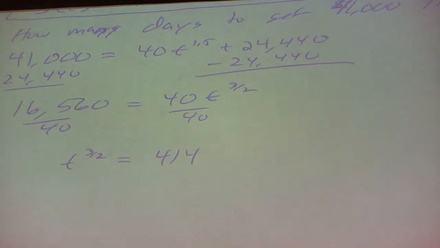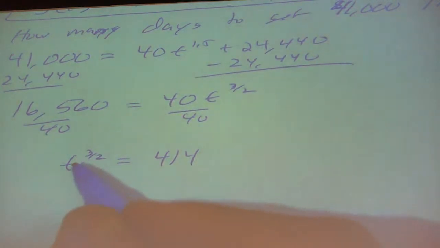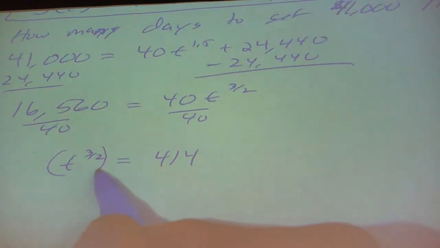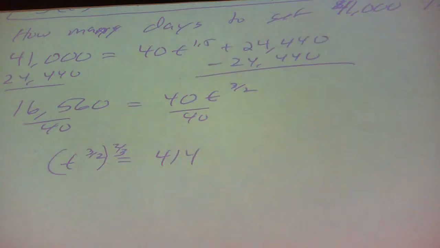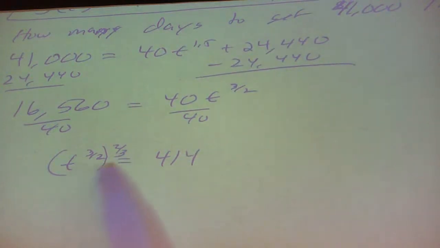T to the 3 halves equals 414. How do I get t by itself? You could do log and you could do natural log and move it in front. And again, that was the way to do it. I'm going to show you a quicker way. Because it's a fraction, if I raise 3 halves to the 2/3, that all just becomes t to the 1.